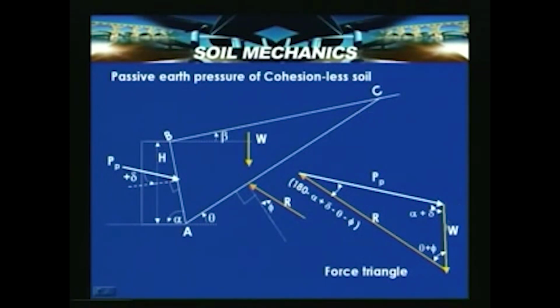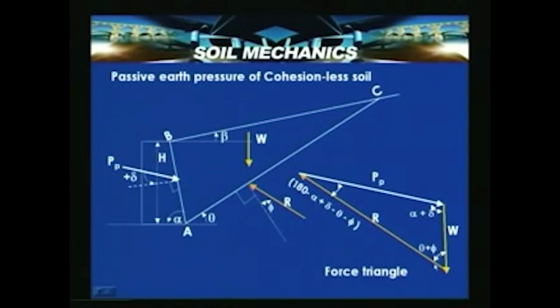Here this is the force triangle, W is the weight of this triangular wedge ABC, then PP is the passive thrust parallel to this, and R is the resistance offered by the soil along the failure surface AC. These inclinations are 180 minus alpha plus delta minus theta minus phi, and between PP and W the inclination is alpha plus delta.